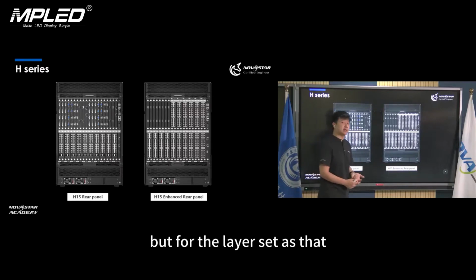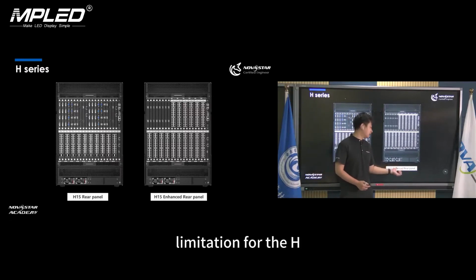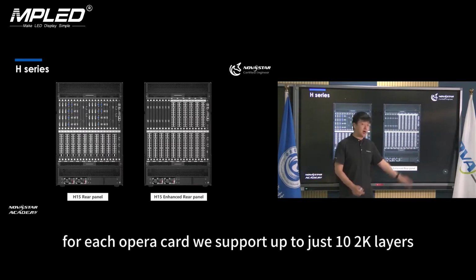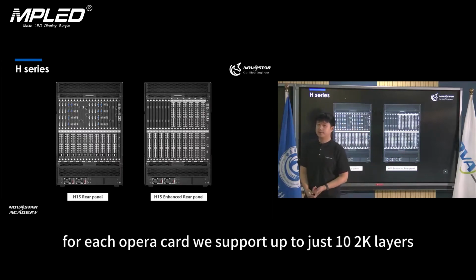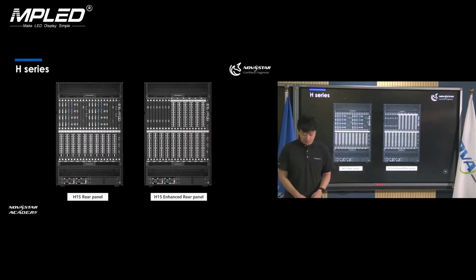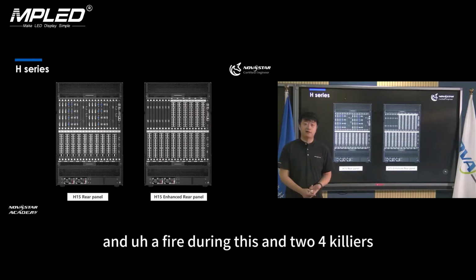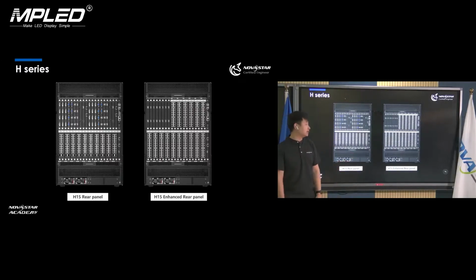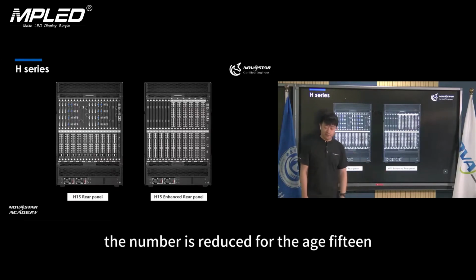But for the layer limitation of the H15 enhanced, for each output card, we support up to just 10 2K layers, 5 dual link layers, and 2 4K layers. So for the 4K layers, the number is reduced for the H15 enhanced.